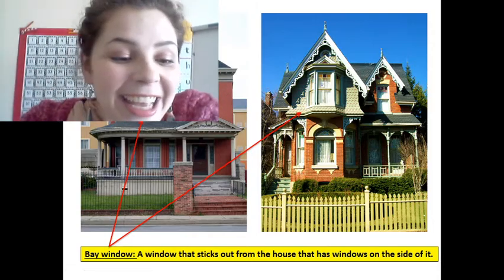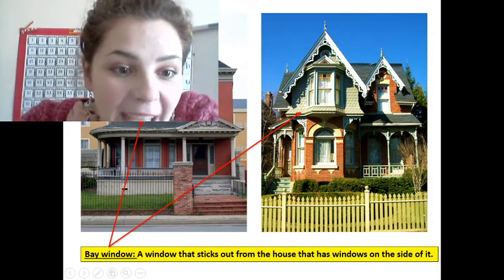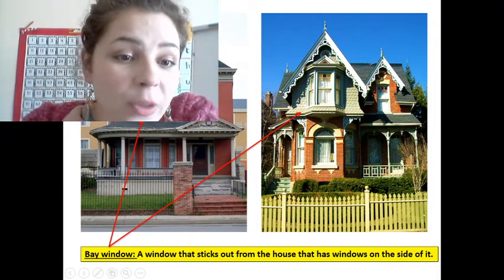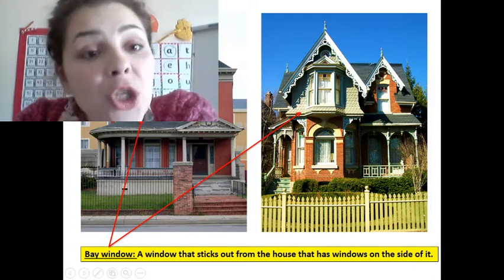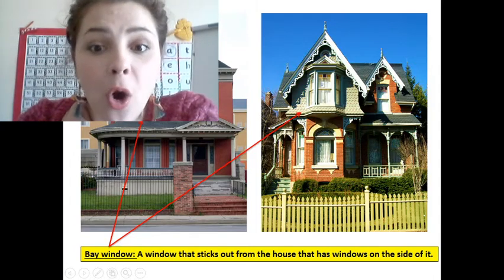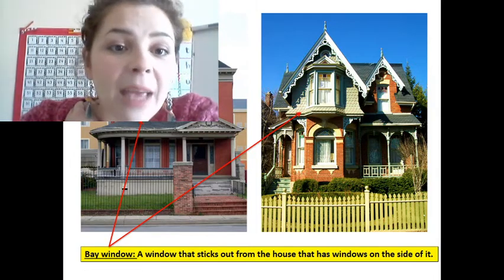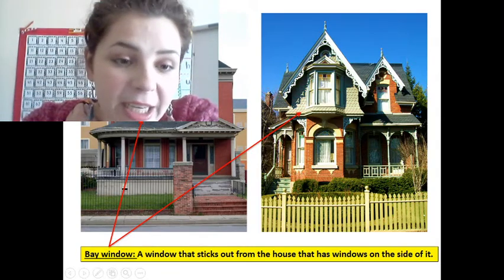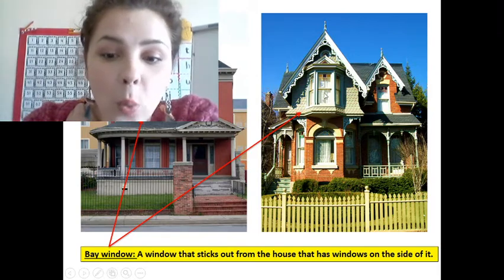Very interesting. So please take a look where the arrow is pointing. You can see here that this part of the house is sticking out a little bit, but not as much as in the Tudor house where the whole floor would stick out and be called jetty. Just this smaller part here, and that's called the bay window.